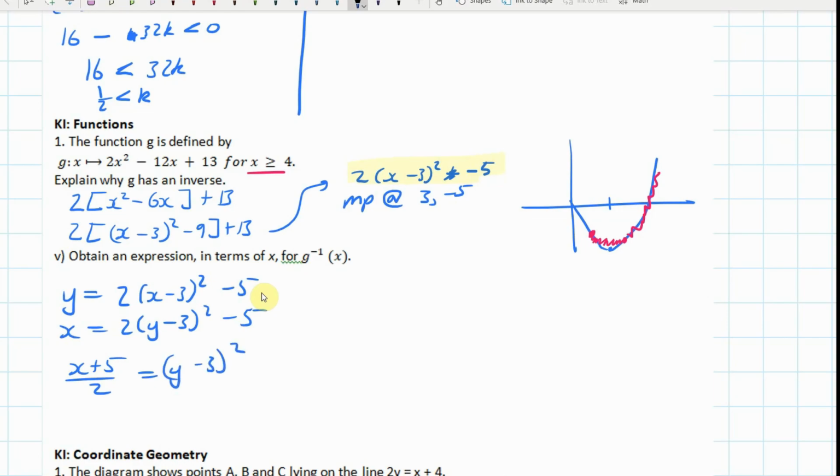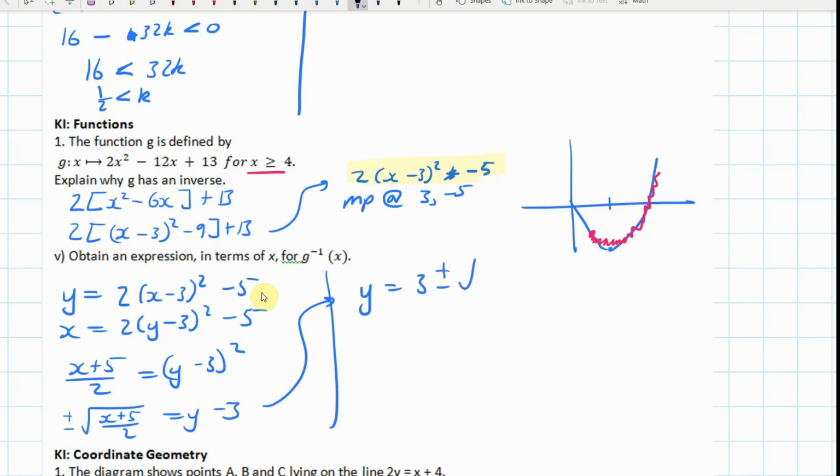I'm going to square root both sides, so I get plus or minus the square root of (x plus 5) all over 2 equals y minus 3. Then over here we'll just carry it on. I'm going to say y is equal to 3 plus or minus the square root of (x plus 5) over 2. And then we've got to decide when we put it back into function notation whether we want the positive or the negative.